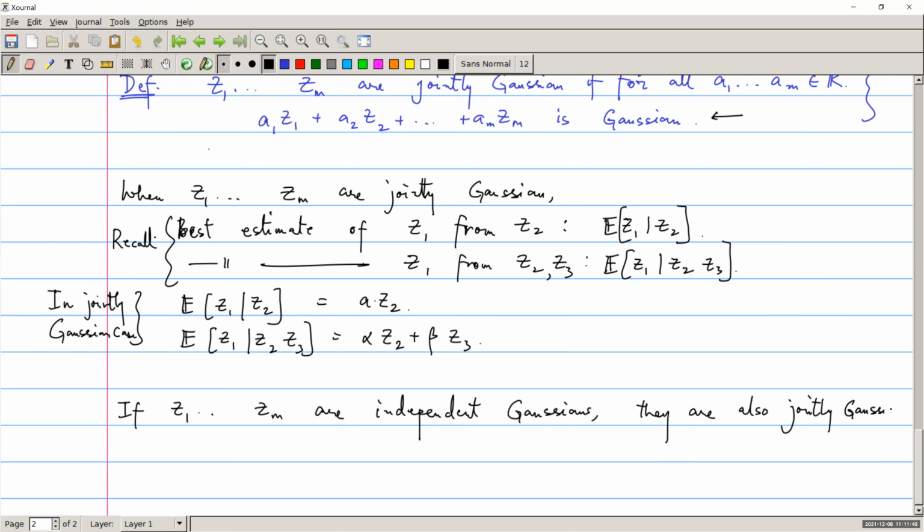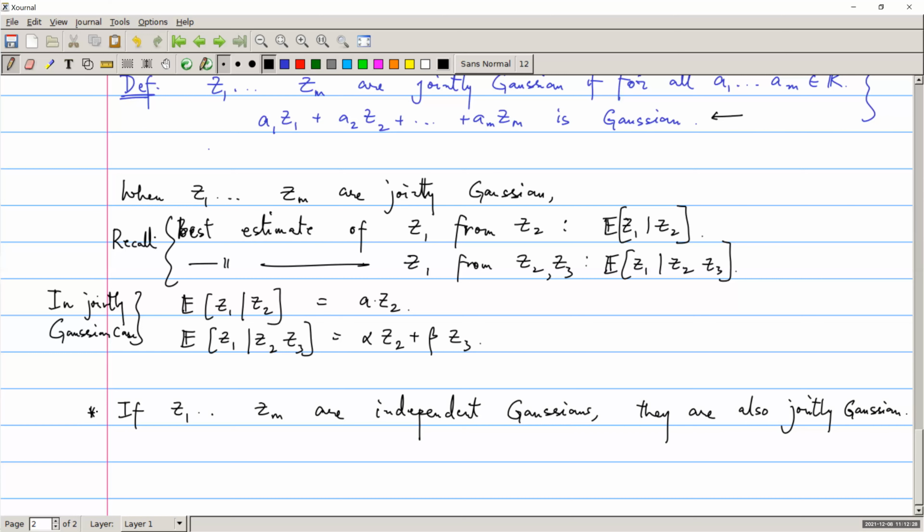In a sense, this is not terribly interesting, because we really want the case where we estimate one from the other, and if they are independent, they are not telling you any information. This is the trivial case, where nobody is giving you anything, so all these estimates are just constants. But joint Gaussianity is a lot wider than just independence, luckily.